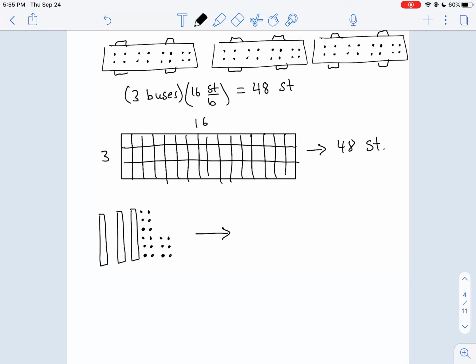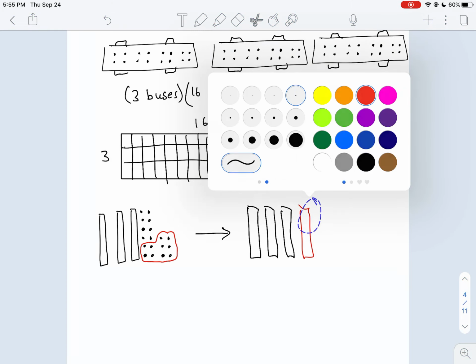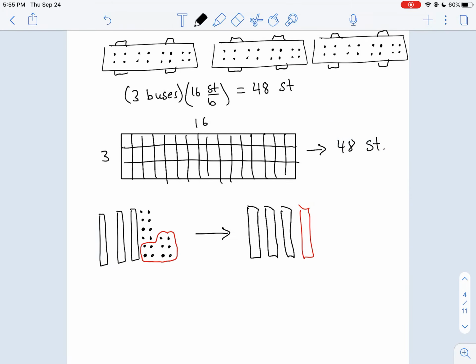And now we want to group these things, try to make another 10 out of students. Doesn't really matter how I do this, but there's 10 students right there. So that's going to form another 10 base 10 block. So we'll now have 1, 2, 3, 4, and that last one is the red one that I created from the red boxed students, and then there's still 8 students left over.